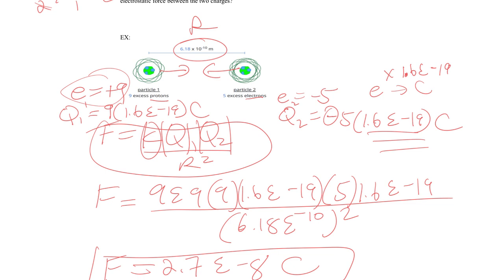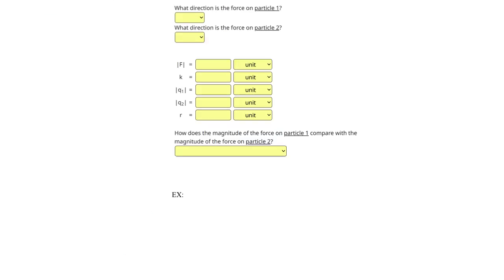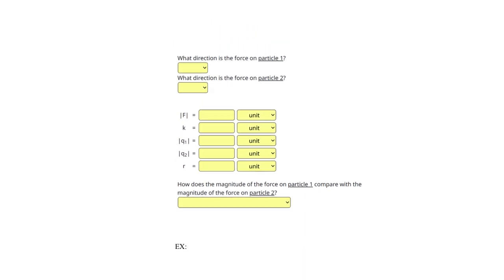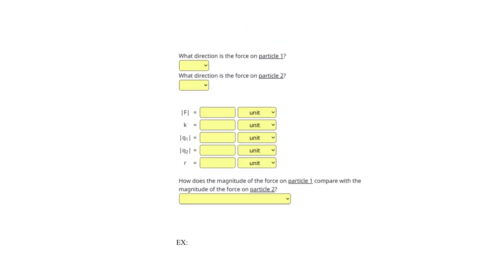Let's see here. What direction is the force on particle 1? Well, they're attracting, so to the right. And it's to the left. And we just found all this stuff, Newton's. You can look up K. This is coulombs. This is meters. Actually, I can solve for what K is, the units.